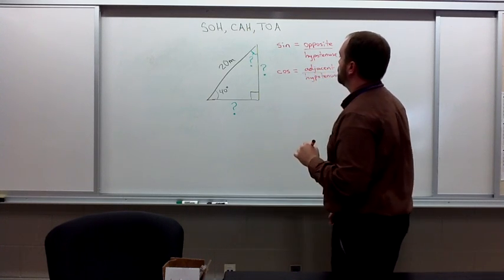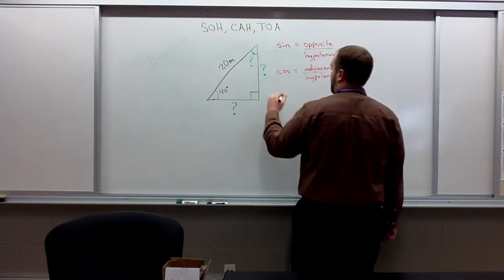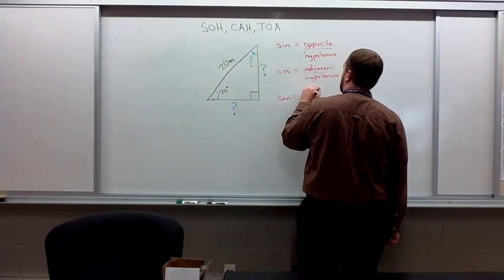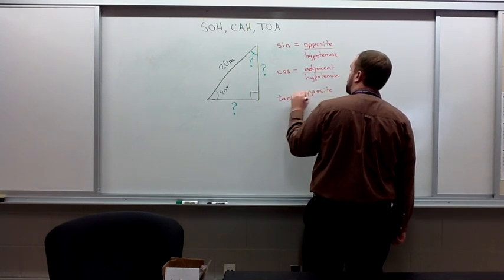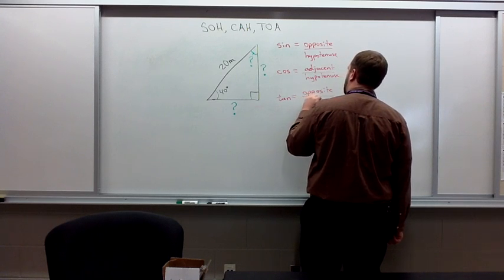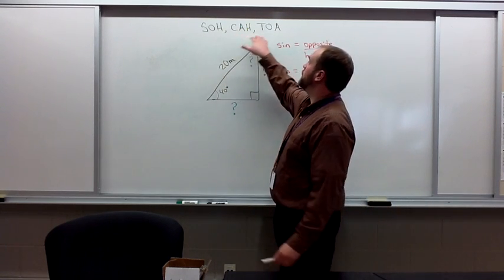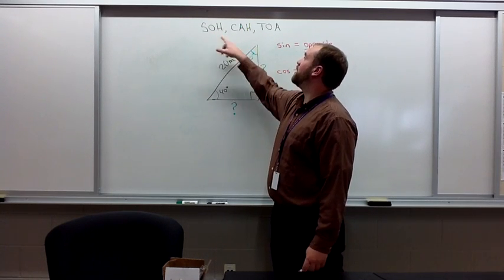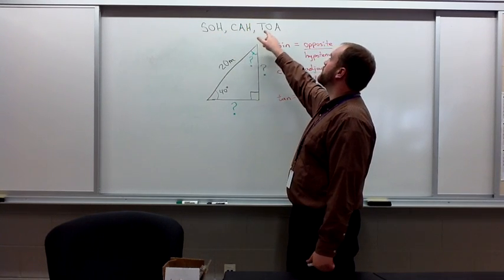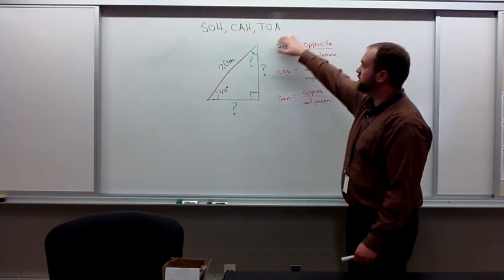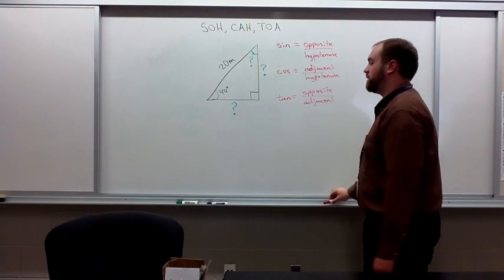Going with my original, probably terrible spelling. And tangent is opposite over adjacent. Okay? SOHCAHTOA. Sine opposite over hypotenuse. Cosine adjacent over hypotenuse. Tangent opposite over adjacent. Alright, and we can use this to figure out the rest of this stuff.